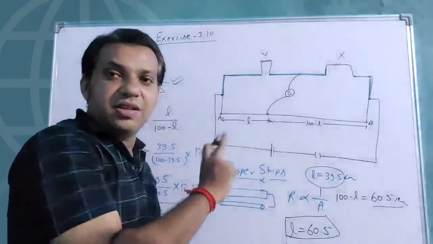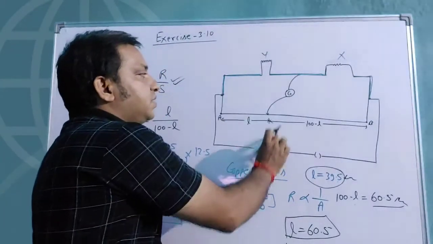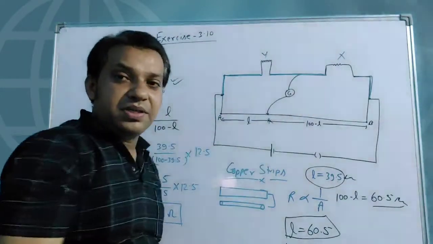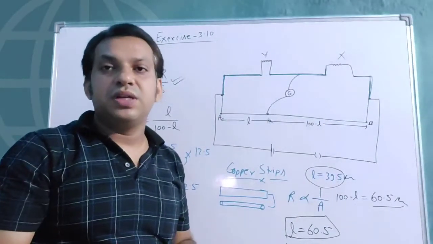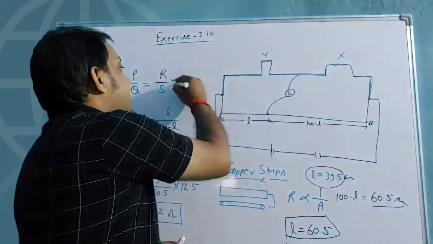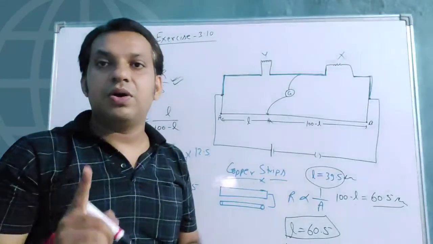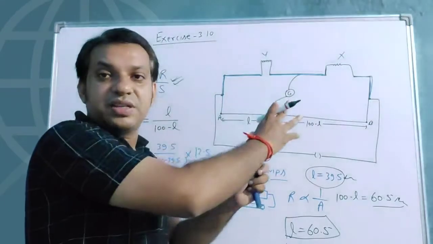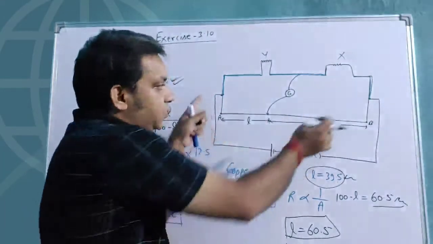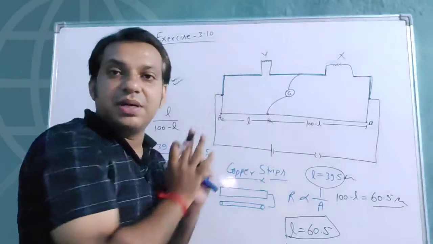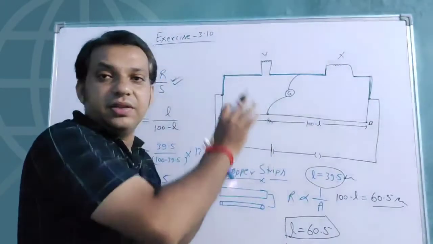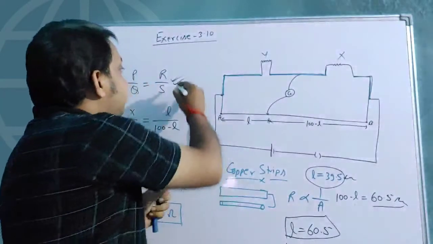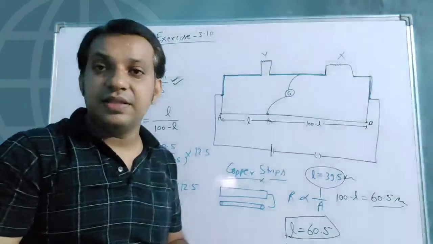So by interchanging the cell with the galvanometer, again the galvanometer shows the null deflection, because again the ratio is maintained because of the symmetry. इस galvanometer के around जो पूरा सेटअप, पूरा नेटवर्क है वो सिमेट्रिकल है, उसी तरह इस सेल के अराउंड पूरा नेटवर्क सिमेट्रिकल। So if you are interchanging, in that case still the ratio is maintained.